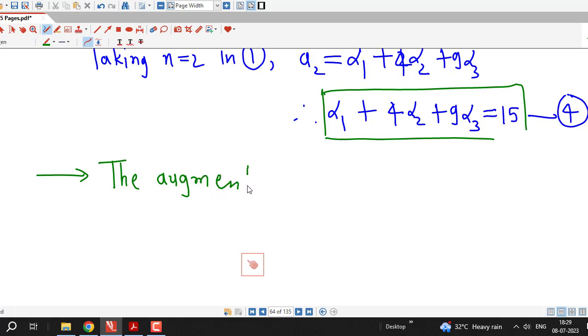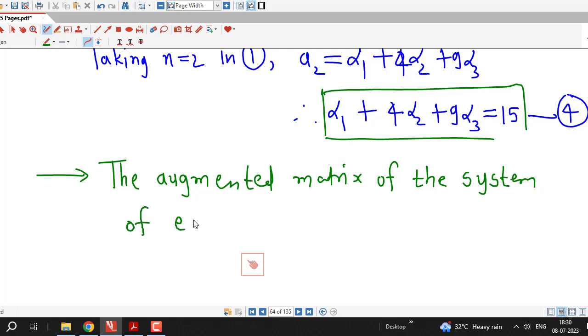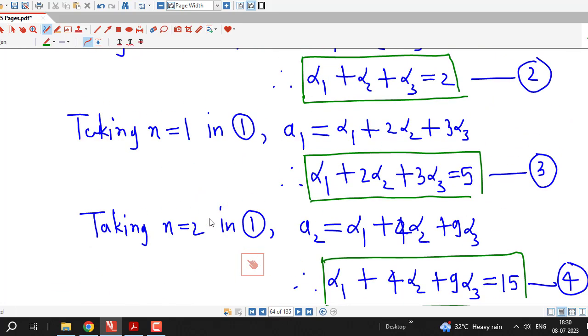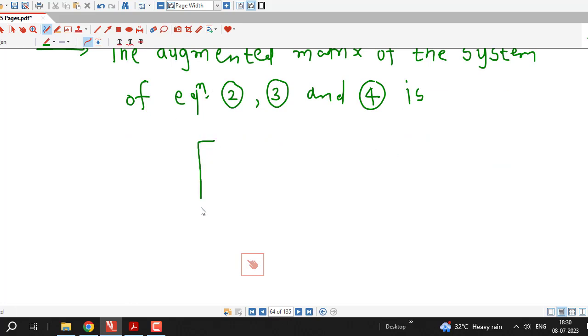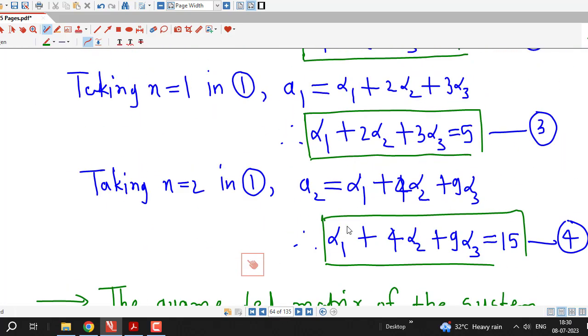So the augmented matrix of the system of equation number 2, 3 and 4 is, so here I have to write down first column for alpha 1, then second column for alpha 2, third column for alpha 3 and last column for the constants on the right hand side.